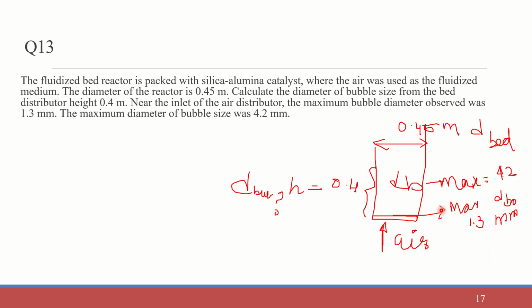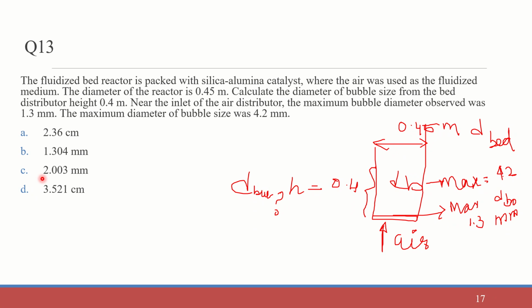Now let us look at the options. Option A is 2.36 centimeter, option B is 1.304 mm, option C is 2.003 mm, and option D is 3.521 centimeter. Obviously the bubble diameter would not be in centimeters, because the maximum bubble size observed was itself 4.2 mm. So we can eliminate options A and D, and we are left with two options.